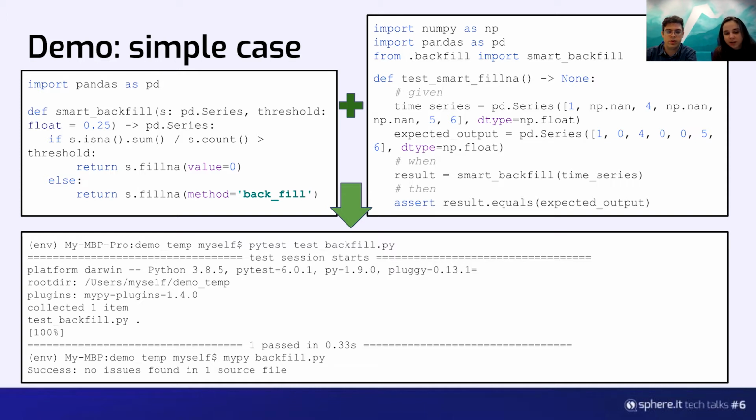So here we have an example of a smart backfill method, which under some condition calls the method fillna, which is filling the null values in the pandas API, and it either fills it correctly or incorrectly, depending on the condition in the if clause.